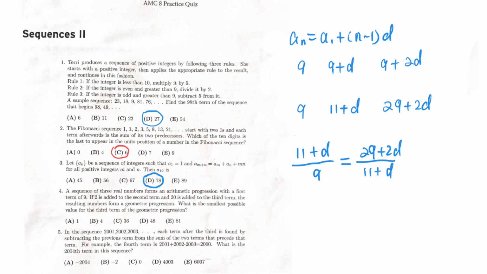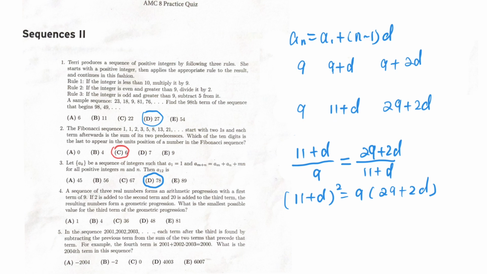For two adjacent terms, the ratio is the same. Now cross multiplying, (11 plus D) squared equals 9 times (29 plus 2D).